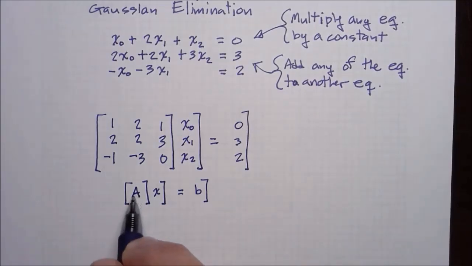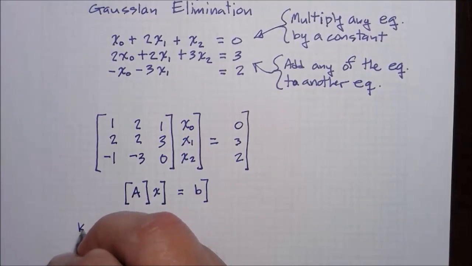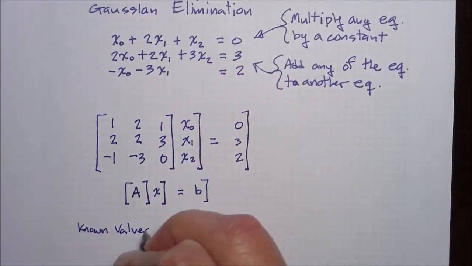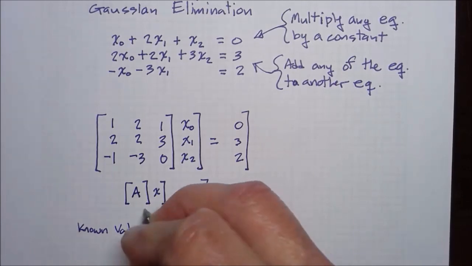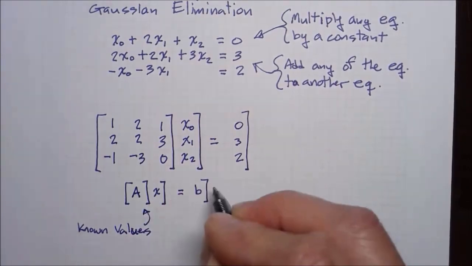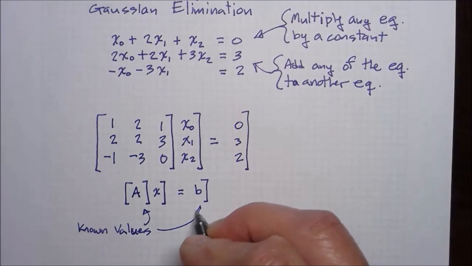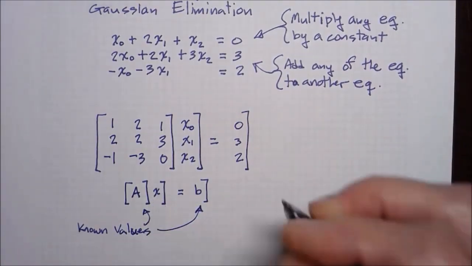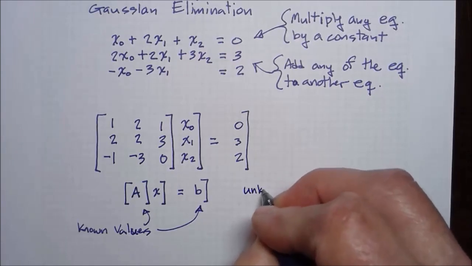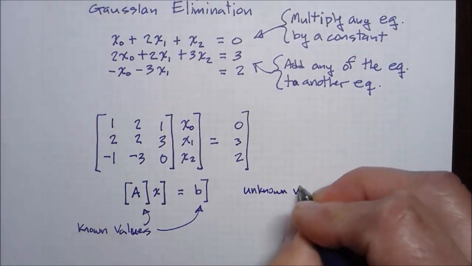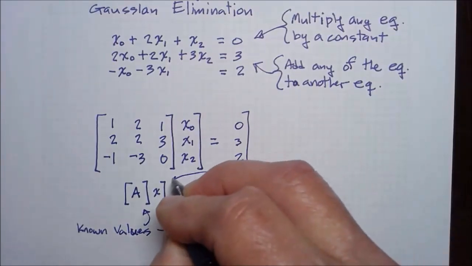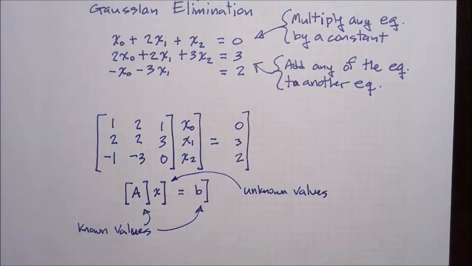This is the square system matrix, and these are known values. In the A matrix we have known values, and also in this B matrix. What we are solving for are the unknown values in the X matrix, the X vector.